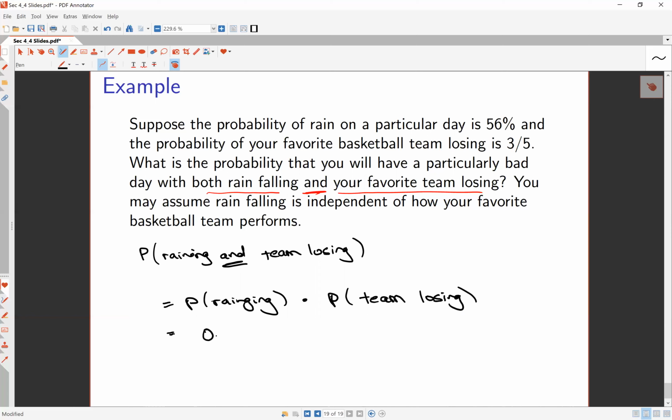The probability of rain was 0.56, and the probability of your team losing was 3/5, which you can go and check is equal to 0.6. So if I multiply these two probabilities, then I get 0.336, or a 33.6% chance that both of these things happen to you on the same day.